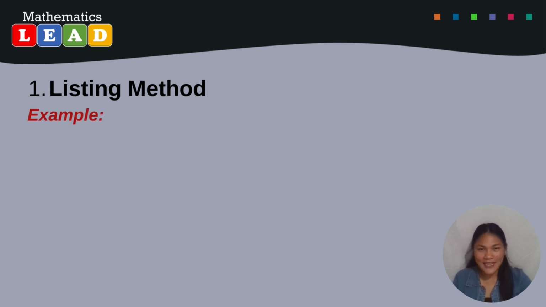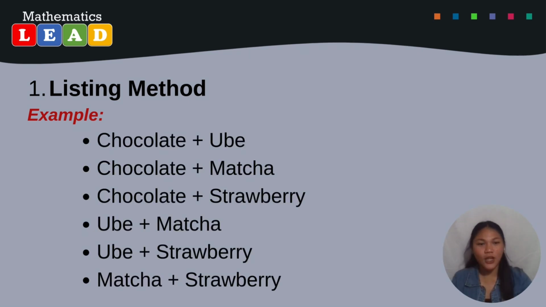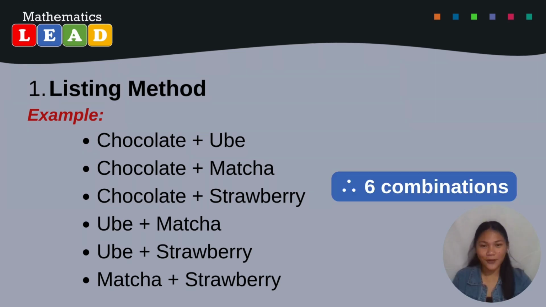For example, since I asked you to create 2-flavor combinations of four ice cream flavors, in the listing method, here are the possible combinations you can list. The combinations of chocolate and ube, chocolate and matcha, chocolate and strawberry, ube and matcha, ube and strawberry, and matcha and strawberry. Therefore, we have 6 different pairs of flavors we can combine. In this way, you can see all the combinations clearly without missing any.